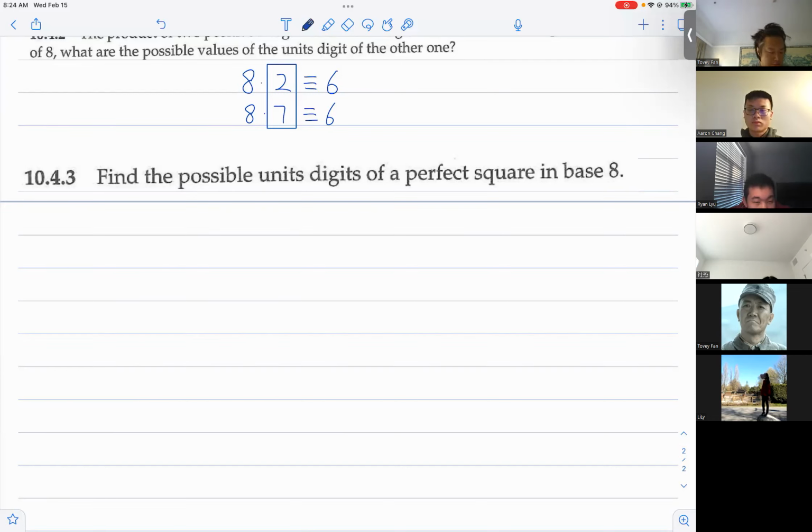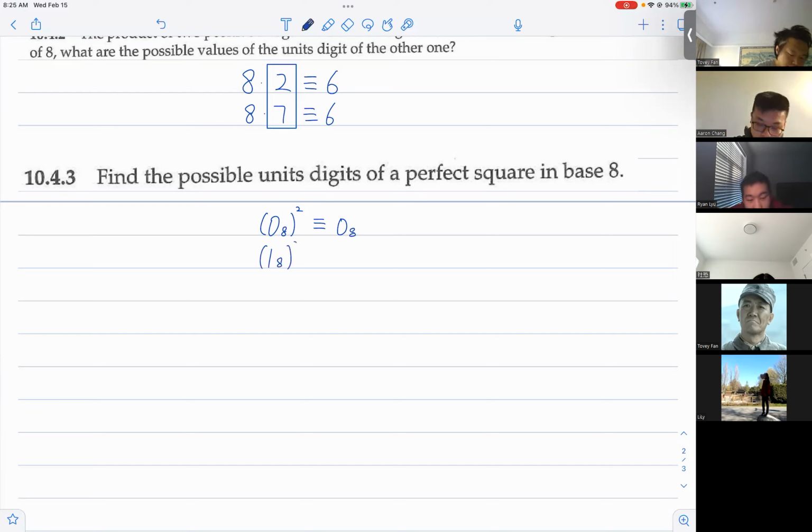So basically we're just gonna start from 0 and all the way till 7, right? Because it's in base 8. Yeah. So the 0 square should be 0. Yeah, 0 squared is 0, and then also, wait, perfect square.